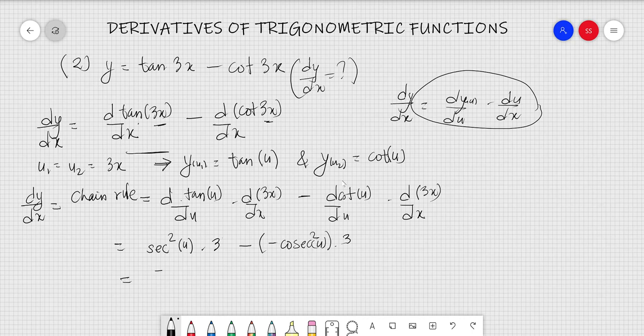So simplifying this, 3 sec square u plus 3 cosec square u. Now substituting the value of u1 and u2 into here, we would get our answer: 3 sec square 3x plus 3 cosec square 3x.